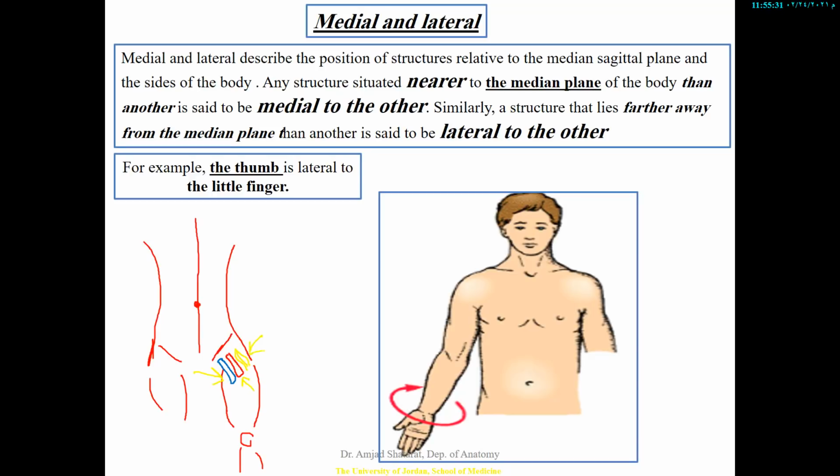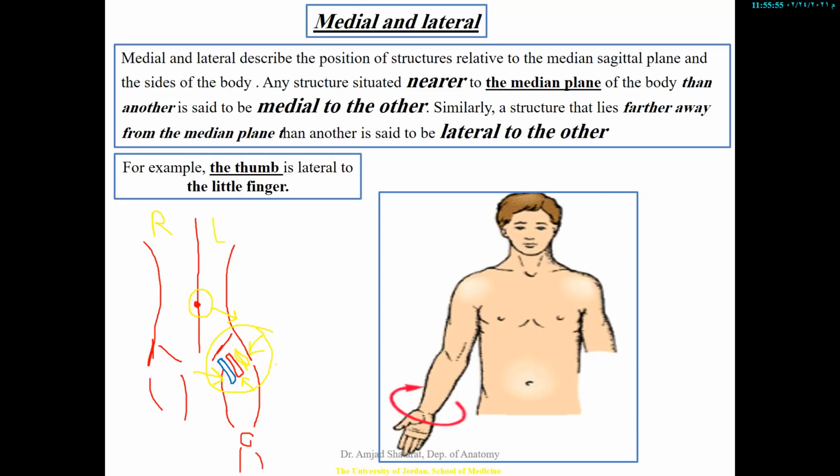Is it on the left or on the right? You can't simply say they are right or left, because both of them, as you can see here, are on one side, because we have a reference here. It's the midline. Okay, this is the right side and this is the left side.